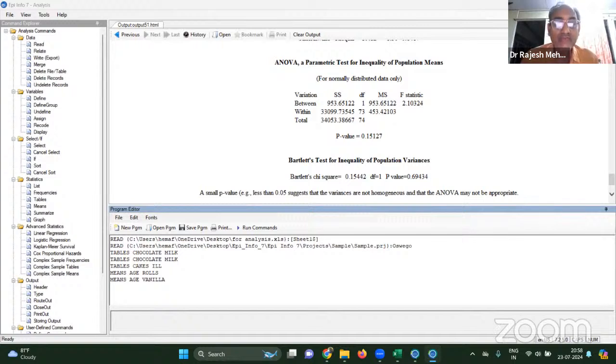But when you want to compare in a whole city, Mumbai, the proportion of vegetarian is, let's say, 67%. And in one sample you have taken, the proportion of vegetarian was 45%, and the sample size n was 200.